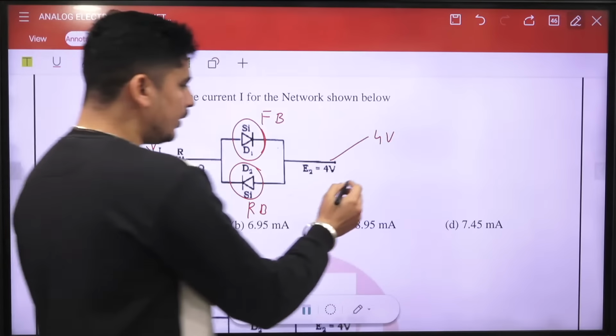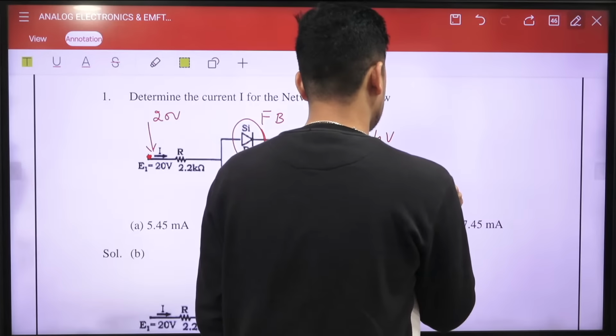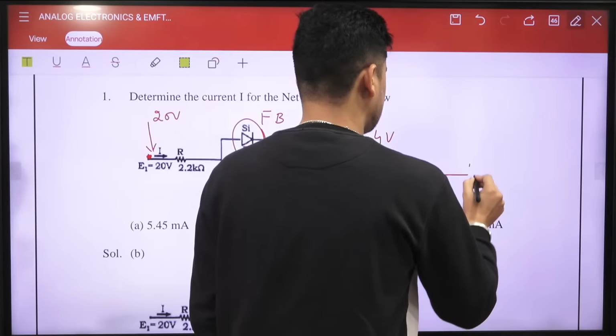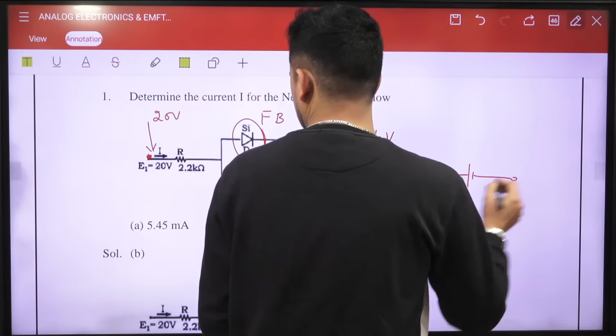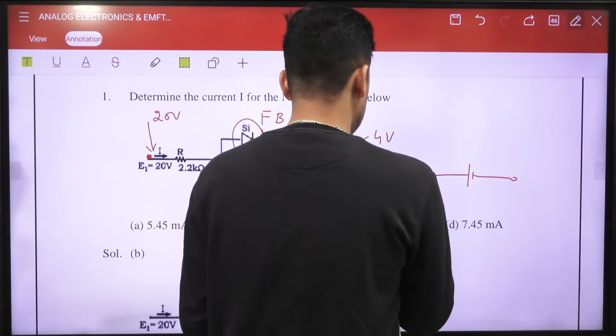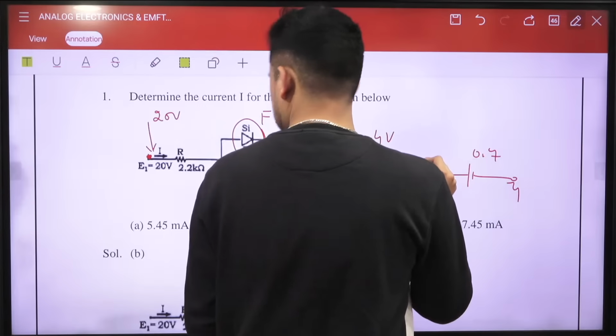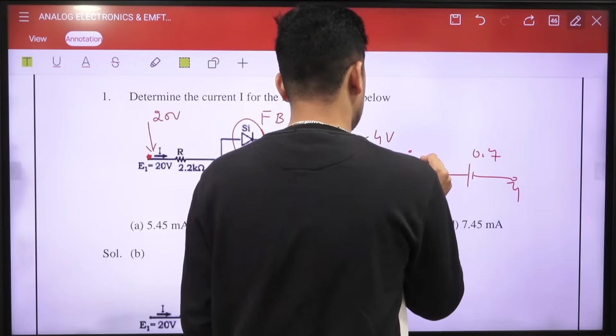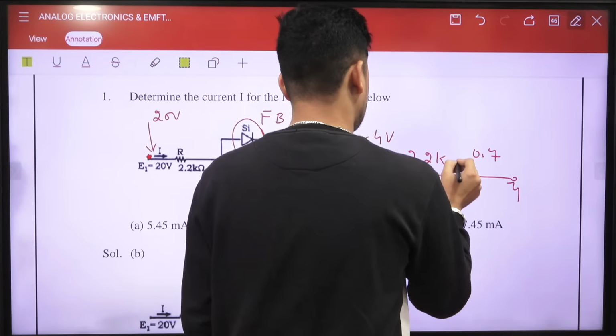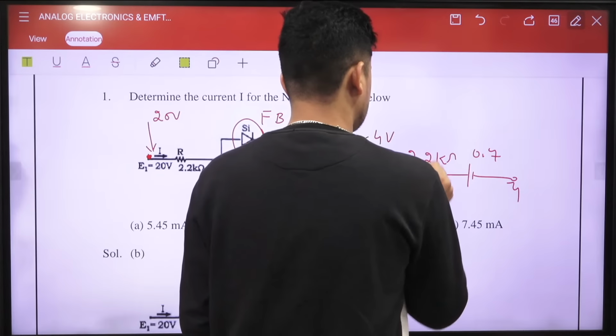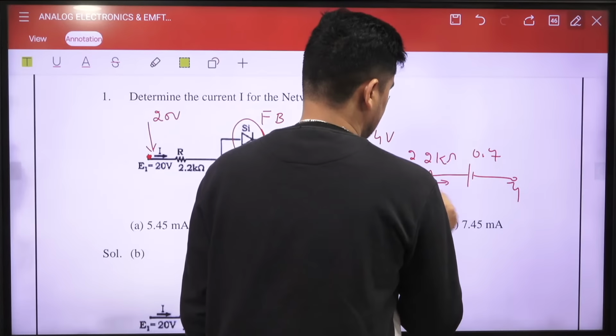So if I redraw this circuit, we have 20, this is 4, this is 0.7, and this is the resistance of 2.2 kilo ohm, right? So we have to calculate I from this circuit.